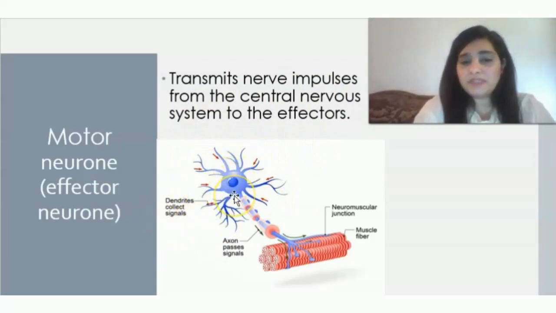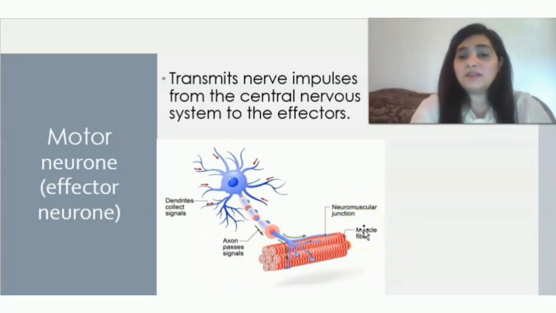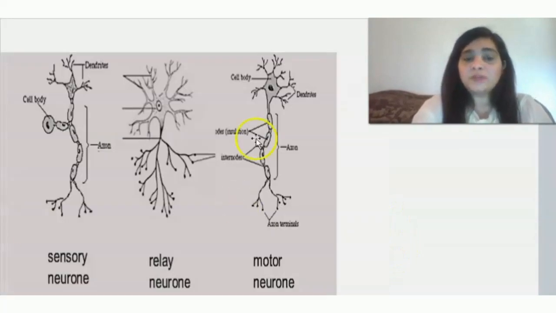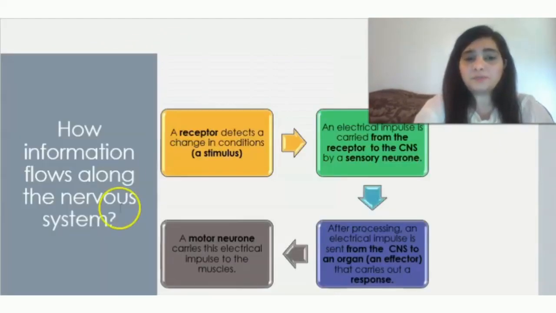Once the message is here, it will move away from the cell body with the help of axon. Axon passes signals to the muscle fibers. So muscle fibers here act as effectors and here the response is generated. So here is a diagram that shows the comparison of the three types of neurons I have already discussed.